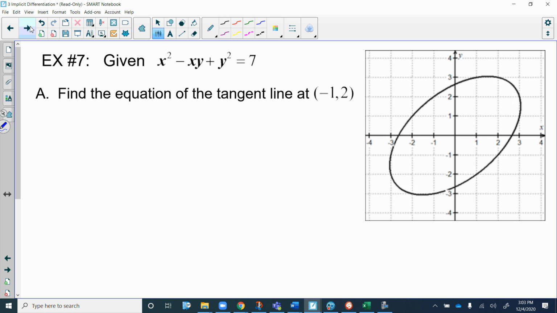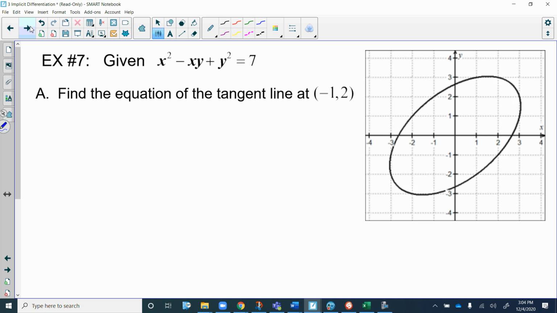Now we're going to be looking at a little bit more of an application. Here it's asking you to find the equation of a tangent line for the ellipse that we have here at the point -1 and +2. If you've understood what I've explained so far, you should be able to take the implicit differentiation of the equation that's given to you, evaluate dy/dx for the given numbers so you can find the slope of the line at that point, and then write the equation of the tangent line.